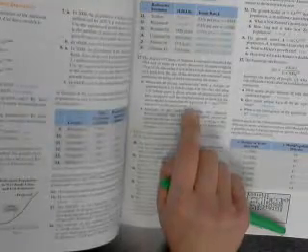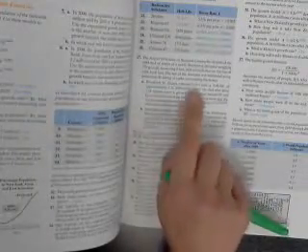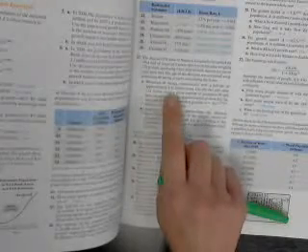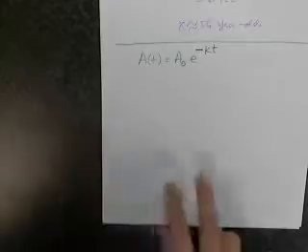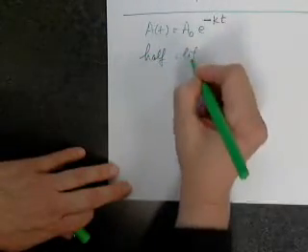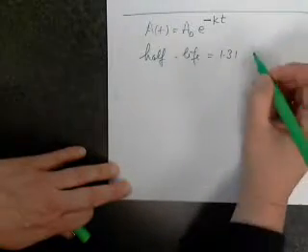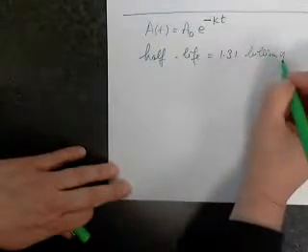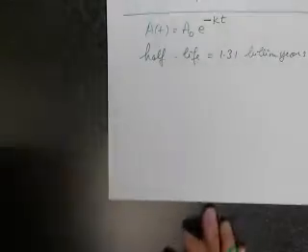Okay. So we are told that the half-life is approximately 1.31 billion years. Let's discuss the half-life. 1.31 billion years. What does this mean?